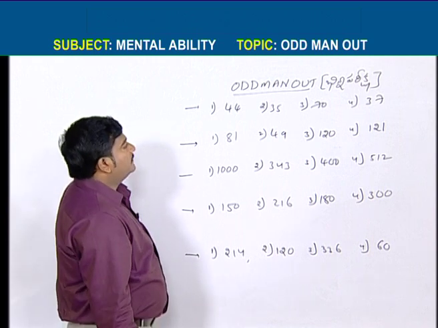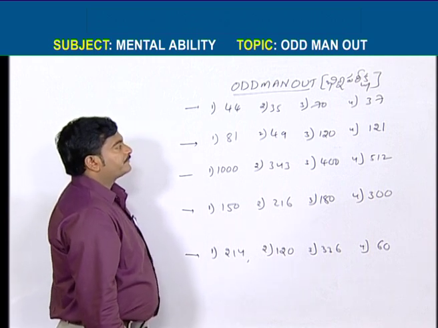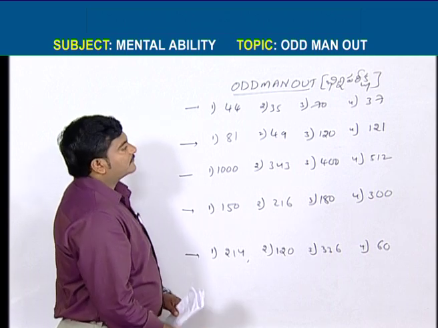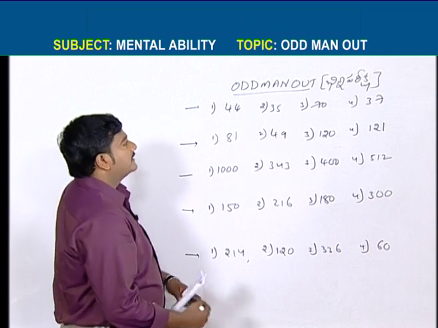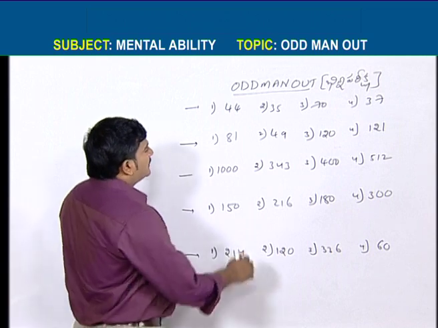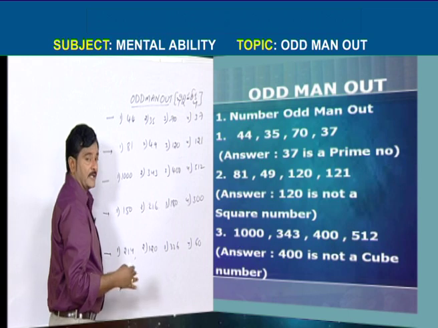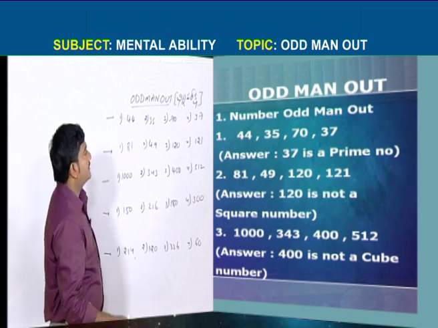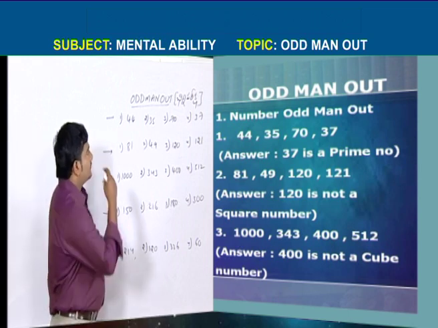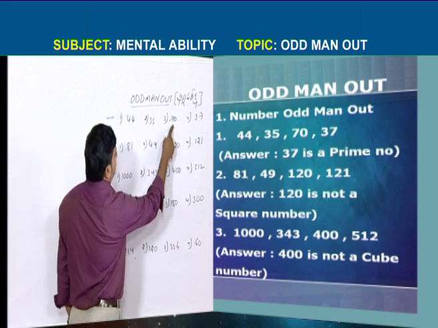44, 35, 70, and the fourth one given is 37. One thing is clear here: 44 is an even number, but the concept is about 44, 35 and 70.